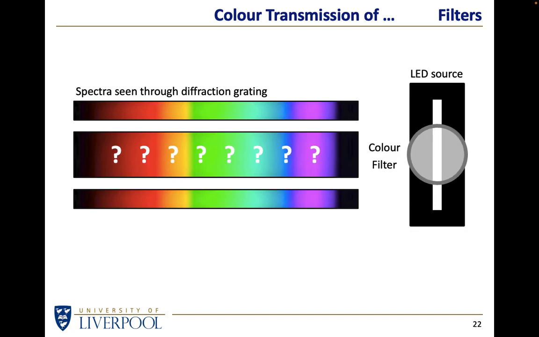Notice that the filter doesn't cover the entire slit. So the top and bottom of the slit is still going to produce the complete spectrum. That's going to be there at the top and the bottom so that you have a reference, if you like. But for the middle part of the spectrum, the light is going to come through the filter, and some colors will be transmitted through the filter, and some colors will be blocked by the filter.